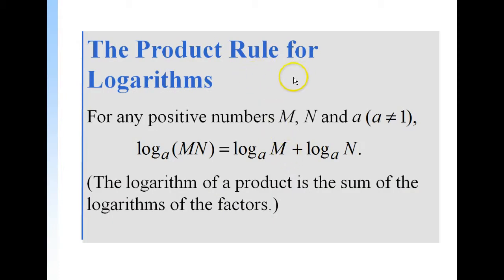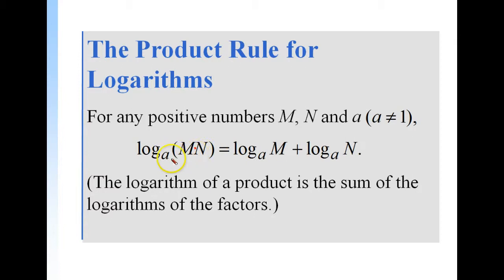Now, the product rule for logarithms, it's for any positive numbers m and n, and where a, which is our base, does not equal 1, we have this, in which, remember, this means m times n.